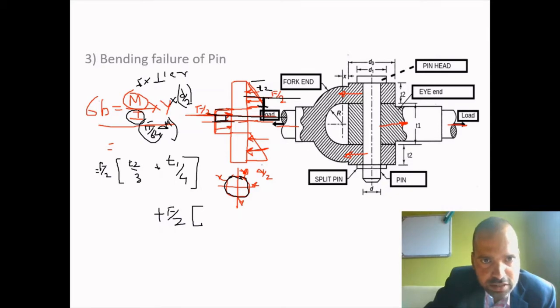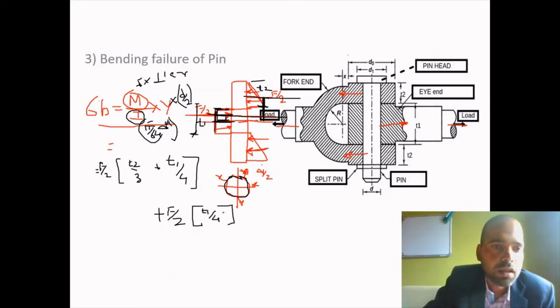This force is at the center of gravity from the center line, top portion of the center line. As this total distance is equal to t1, this distance is t1 by 2 and this much distance is t1 by 4. Hence F by 2 into t1 by 4, right?